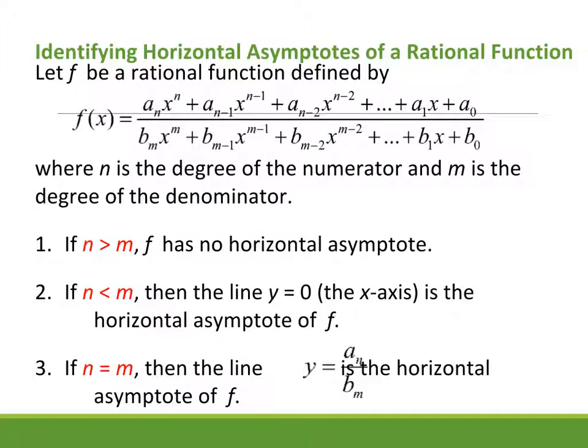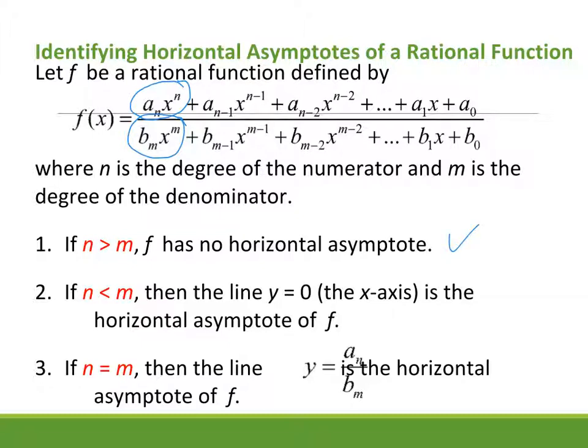So, identifying horizontal asymptotes of a rational function. Let f be a rational function defined by two polynomials divided by each other, where we have a polynomial of degree n divided by a polynomial of degree m, where n is the degree of the numerator and m is the degree of the denominator. If n is greater than m, f has no horizontal asymptotes.